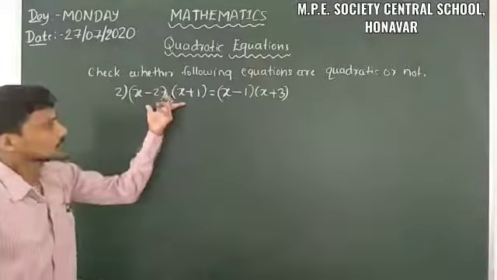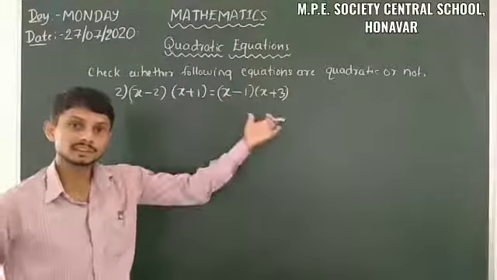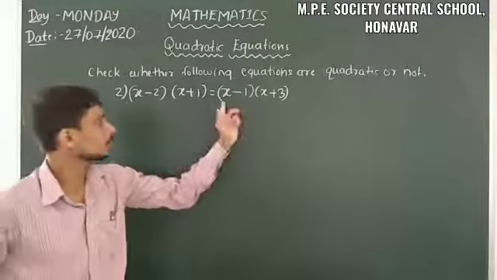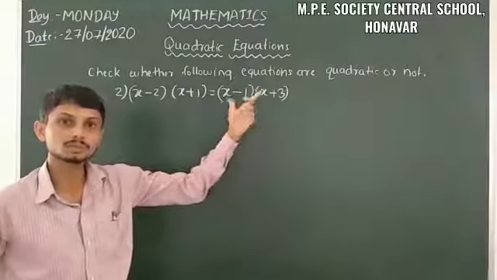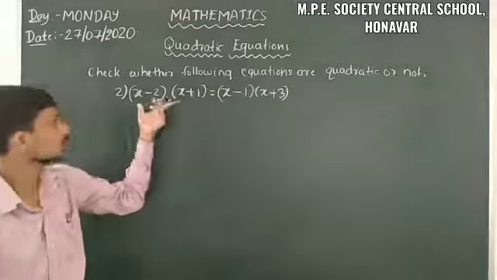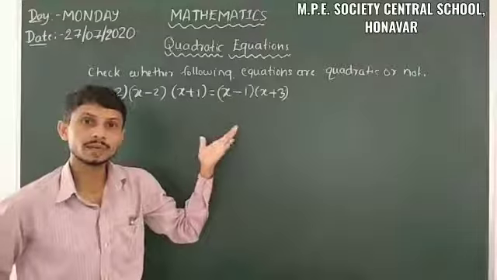So here there are two parts, the LHS and the RHS. In the LHS also it's a multiplication of two linear polynomials, and here also a multiplication of two linear polynomials. We have to multiply both the LHS and the RHS.